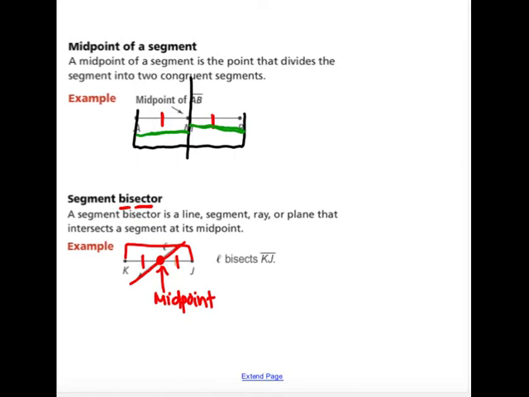A segment bisector is a line, segment, ray, or plane that intersects a segment at its midpoint. So bisector means it cuts it in half. So it doesn't necessarily have to go straight up and down. It can kind of cut through like that. So we got midpoint of a segment and segment bisector.